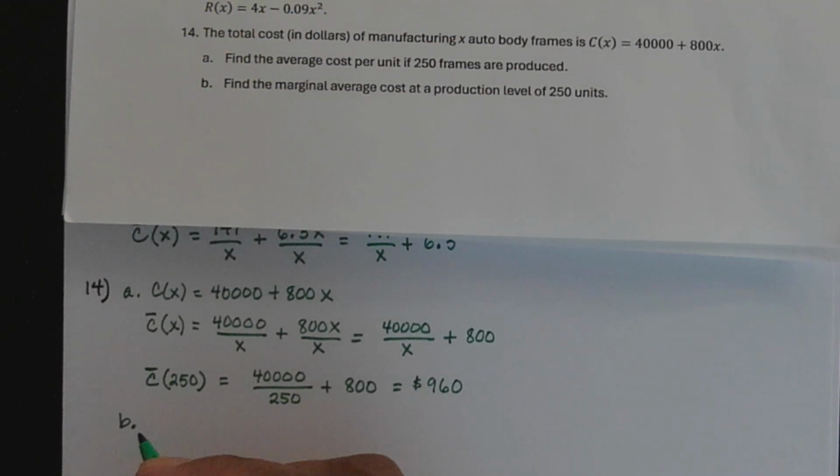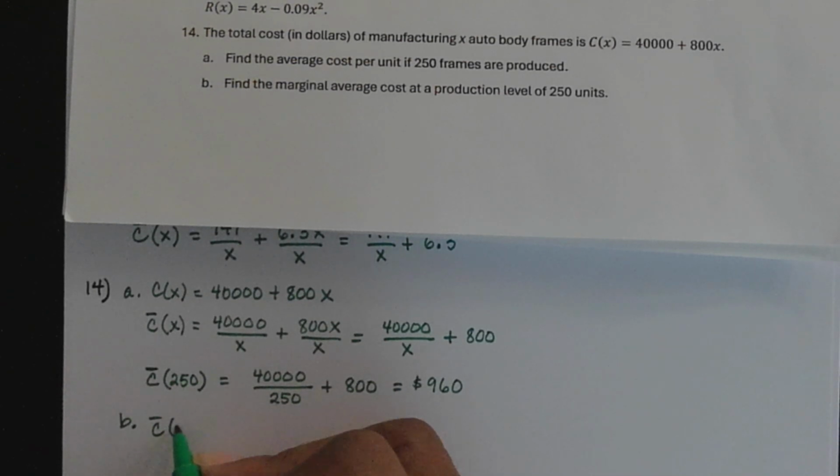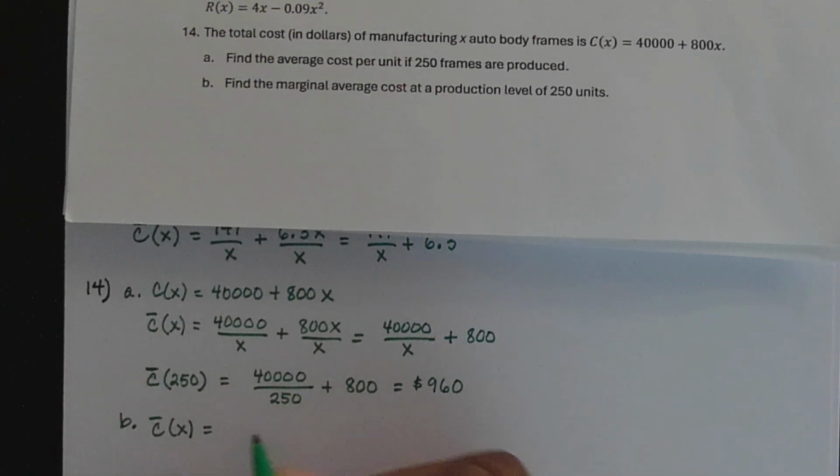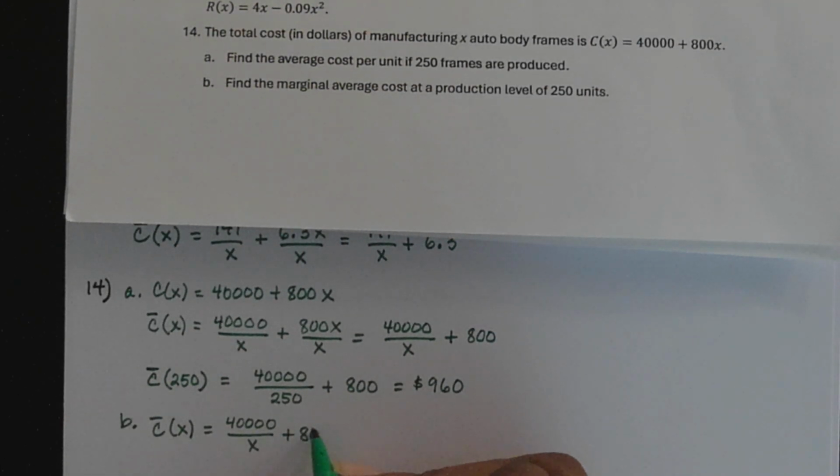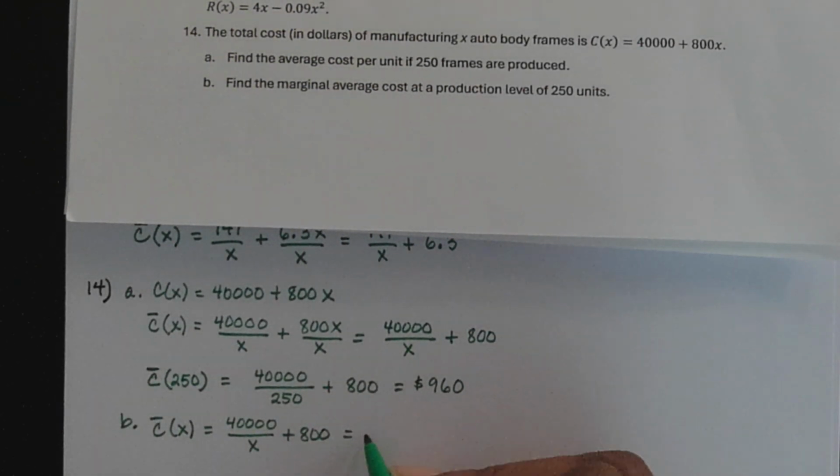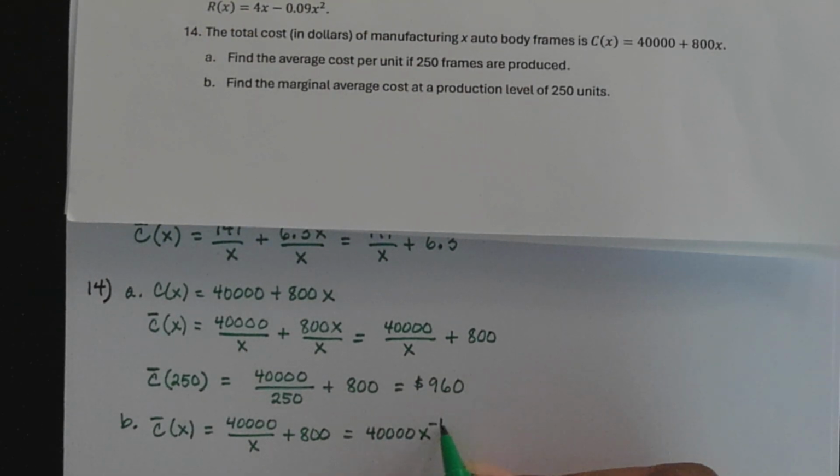Now part B is the marginal average cost at a production level of 250 units. Well, it does say marginal, so that means I need to take the derivative of my average cost function, which is C bar of x. That's the 40,000 divided by x plus 800. And I'm going to write that using negative exponents as 40,000 x to the negative 1 plus 800.